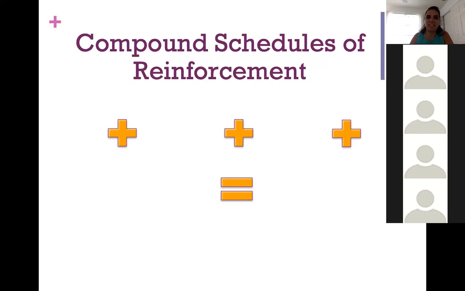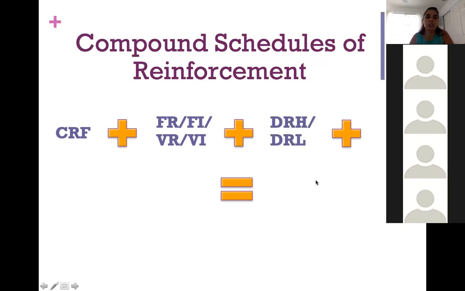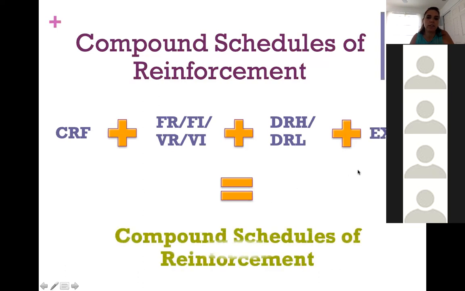No. So what makes a compound schedule are CRF, and then you have all the intermittent schedules of reinforcement, one of them, of course, or a couple, DRH, DRL, and extension. All these together give us compound schedules of reinforcement. So a compound schedule of reinforcement is composed of all of these.